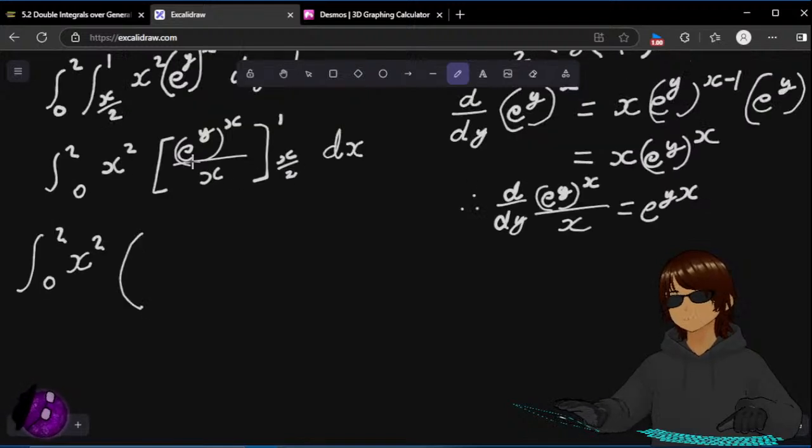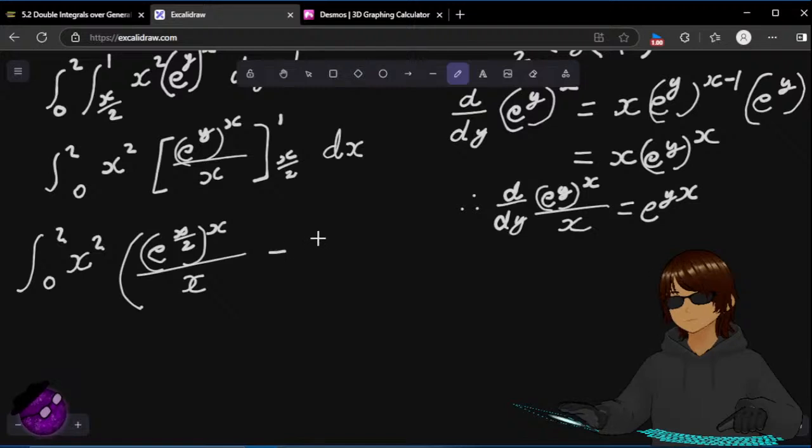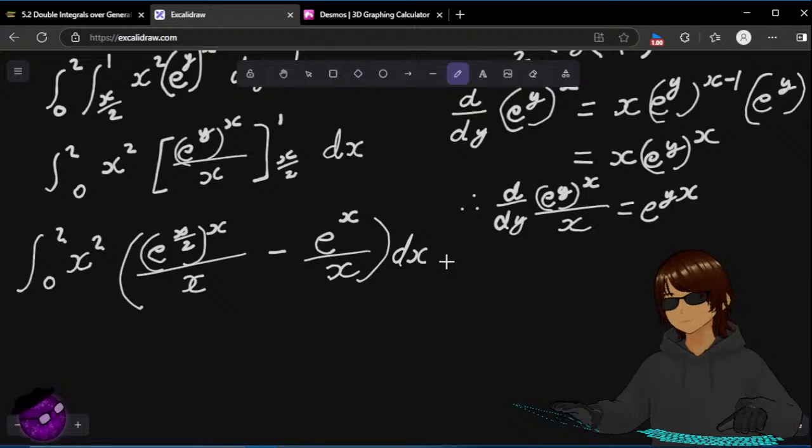So x over 2 goes here. Minus it. E, now this is 1, x, x, dx.